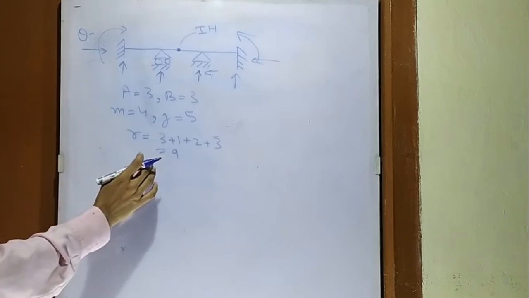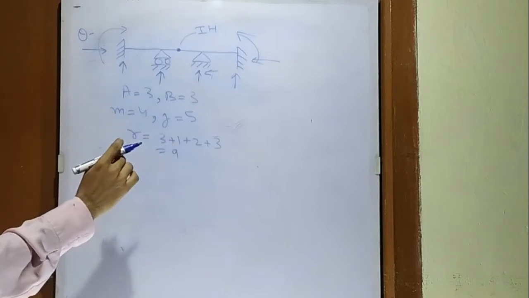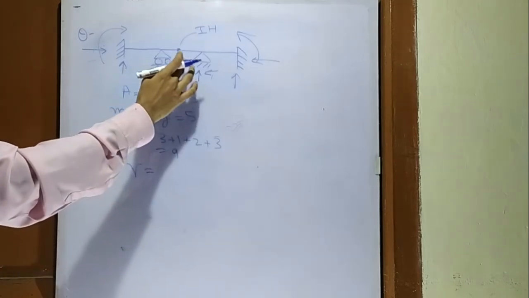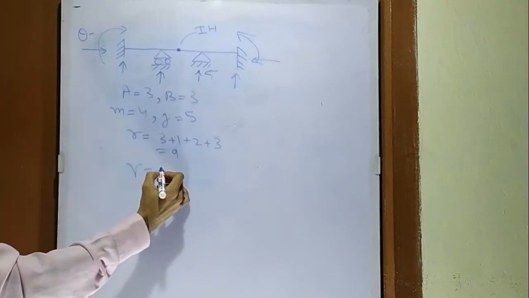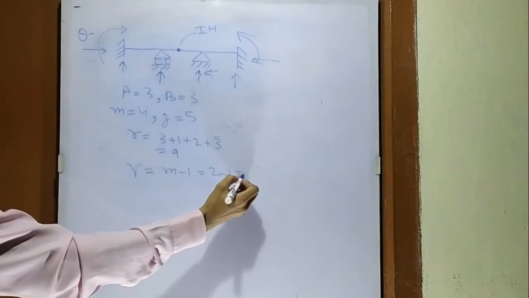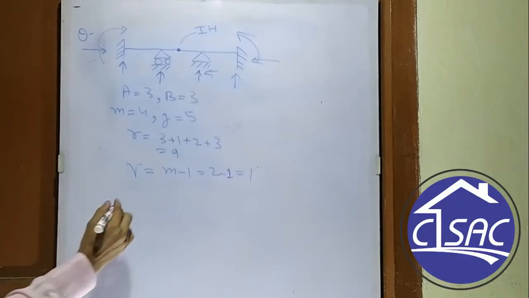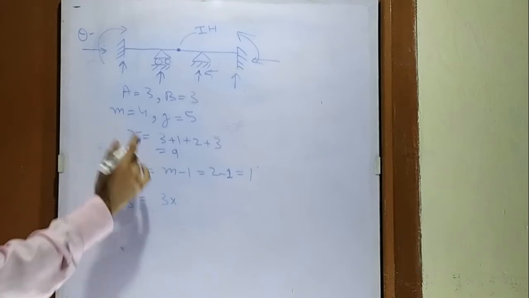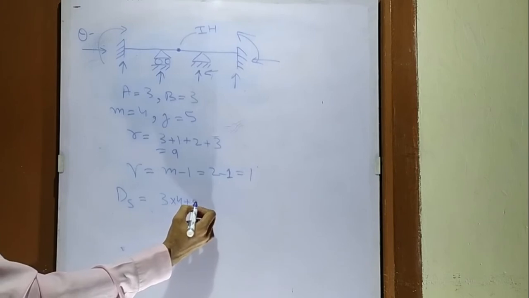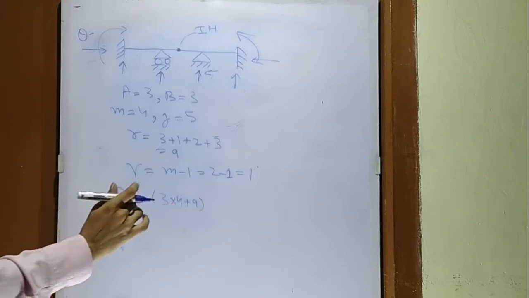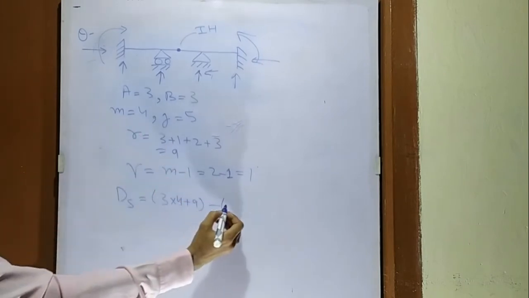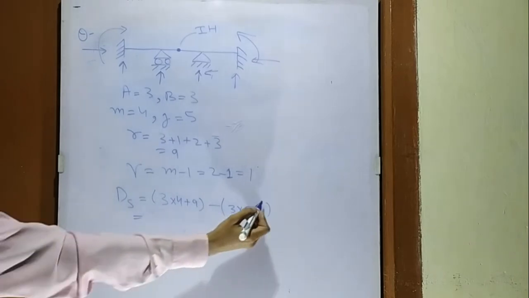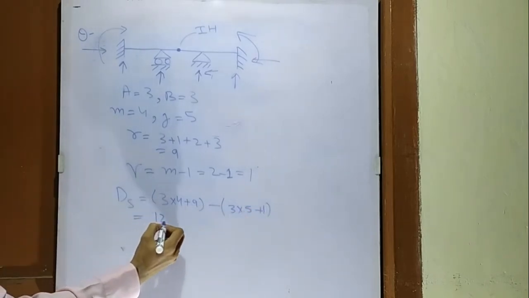Okay, so we will put all these things in the formula, but one thing has remained, which is the number of releases. At this hinge, two members are meeting, so the releases will simply be m minus 1, 2 minus 1, which is equal to 1. So we put all these values in the formula. 3 into number of members plus number of reactions, minus b is 3, number of joints is 5, plus 1.